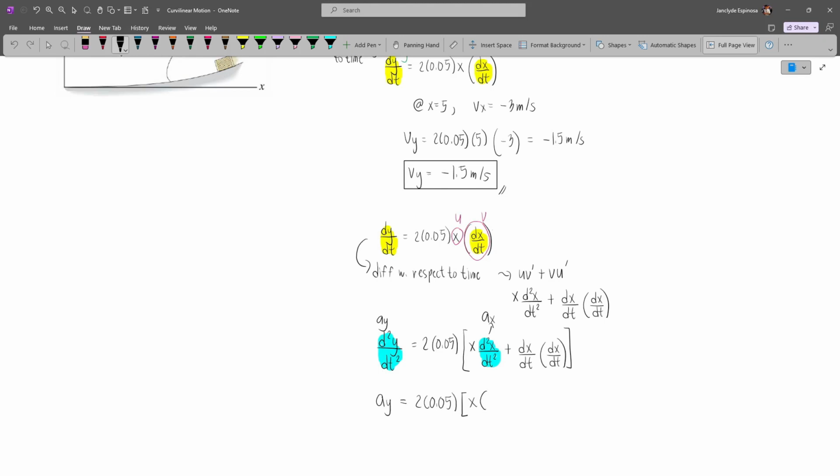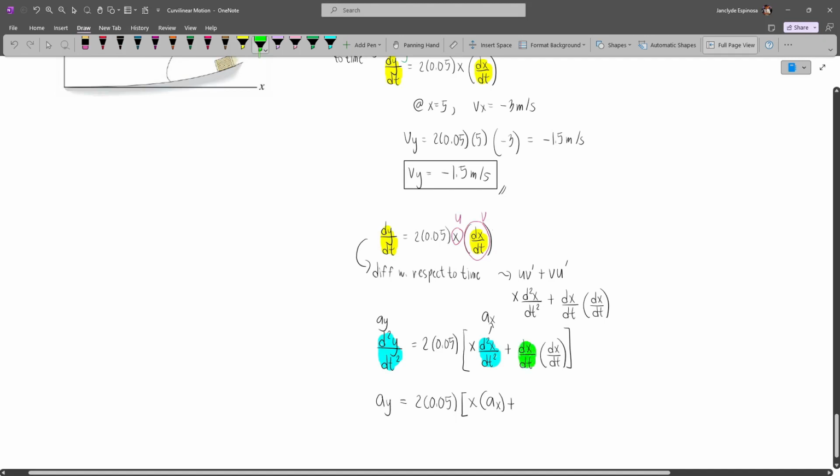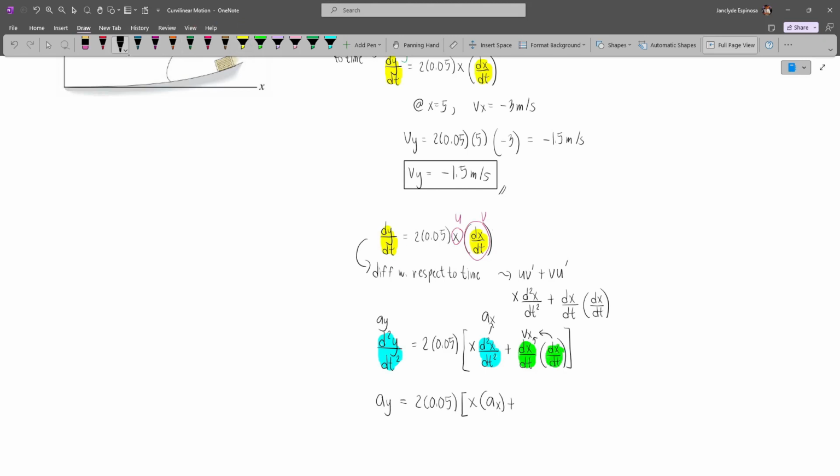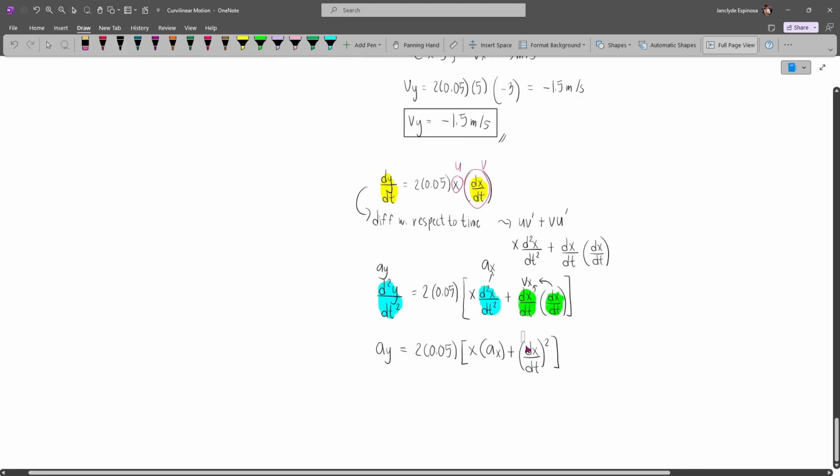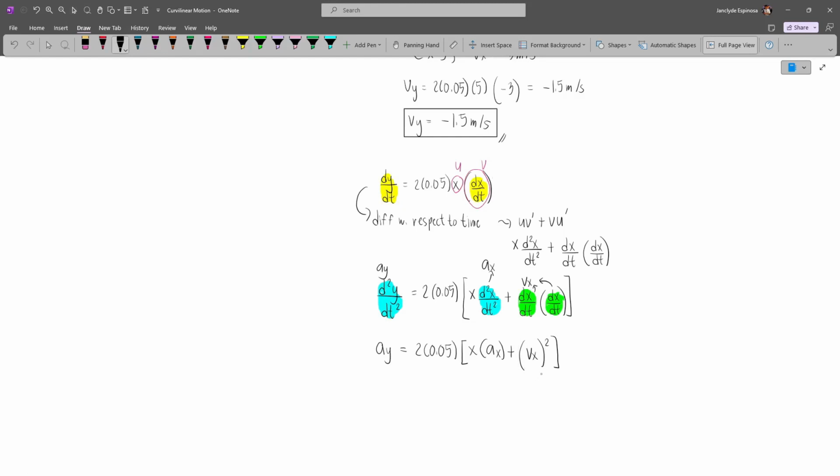Then plus dx over dt, which is the velocity along x, so this is vx, squared. Since this is just equal to vx, this is now vx squared.